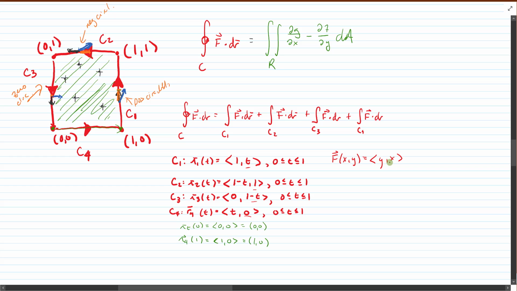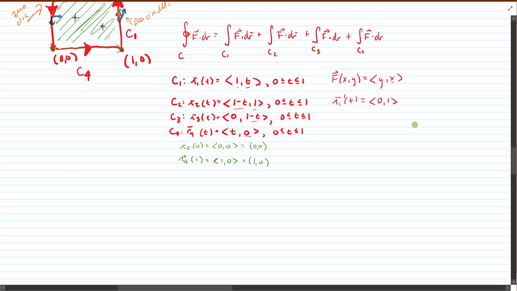And for the x here, I'll put the first coordinate description into each one of these. Additionally, we'll need to be calculating r prime of t for each one. And so, for example, for r1 of t, its derivative, r1 prime, would be the vector function 0, 1. So let's go ahead and set this up as an integral, and we'll do the computation.